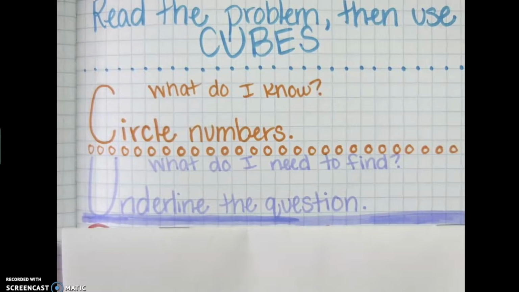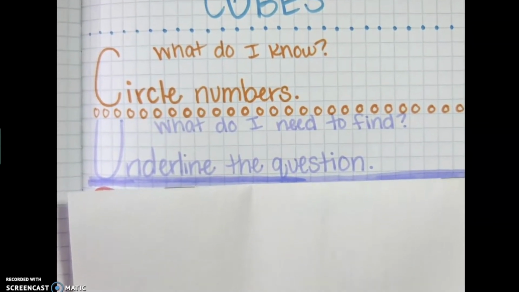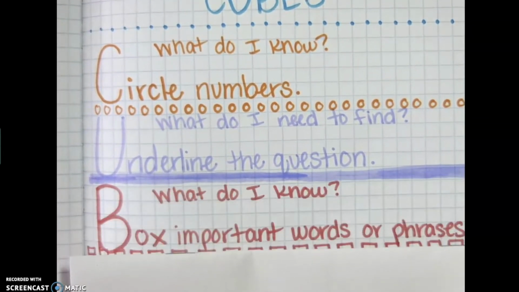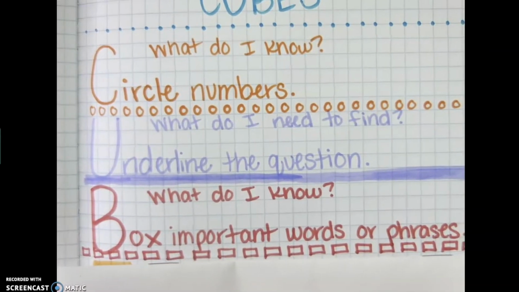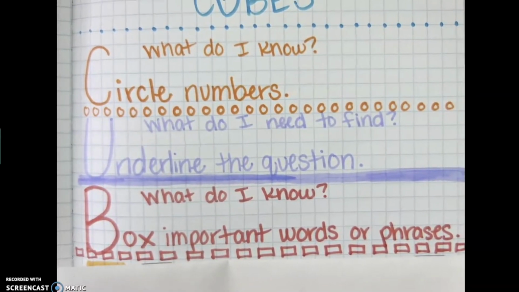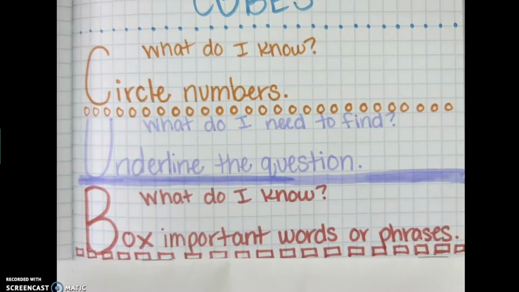The next letter in CUBES is B, and B stands for box important words or phrases. So when we're boxing important words or phrases, this would be things like units or clue words, right? So maybe all together or difference, because those tell you what to do, which operation to use.